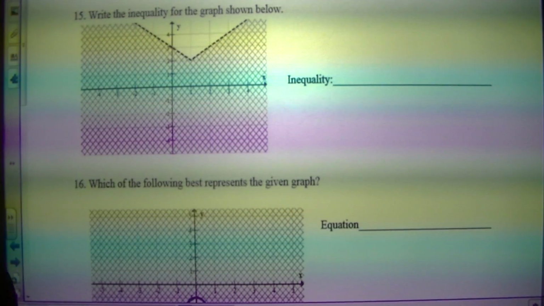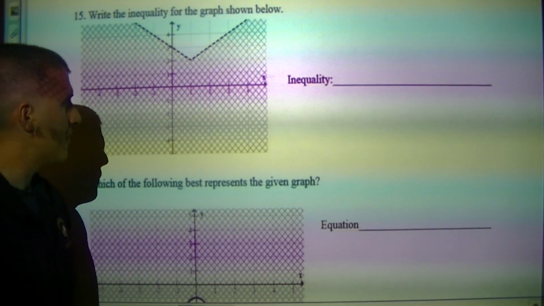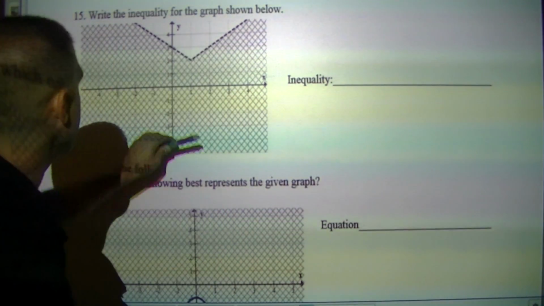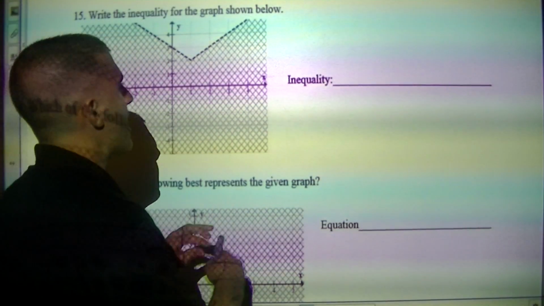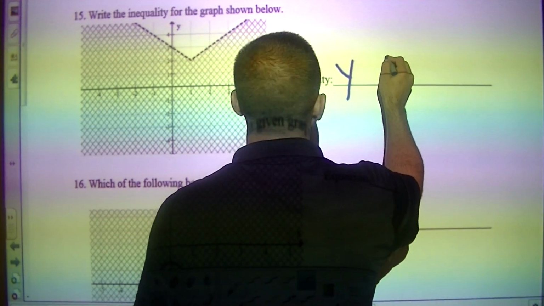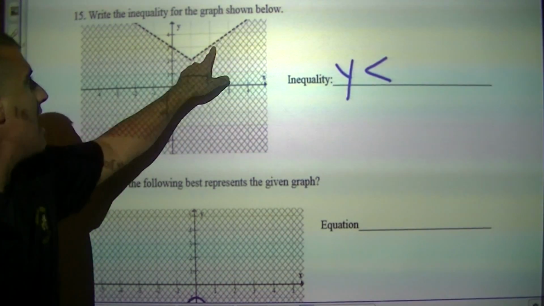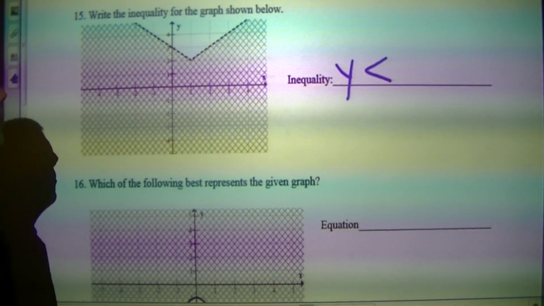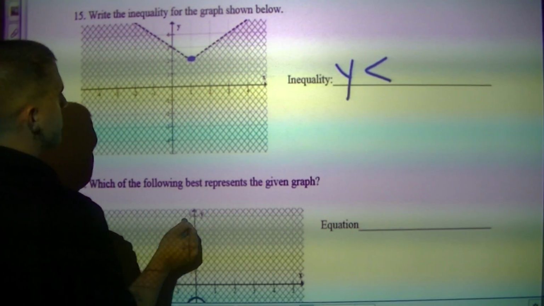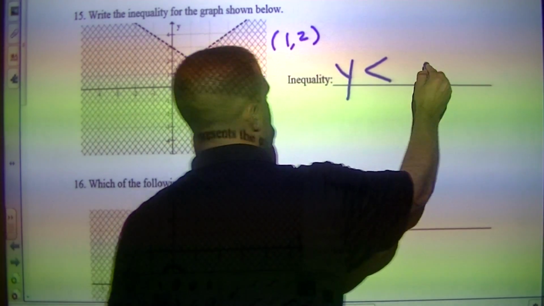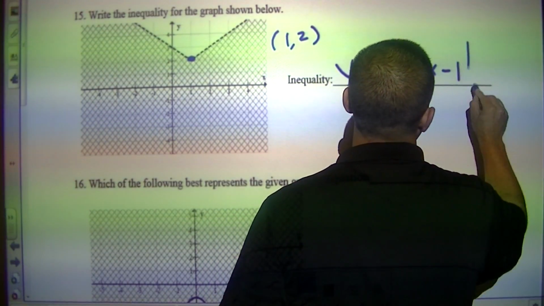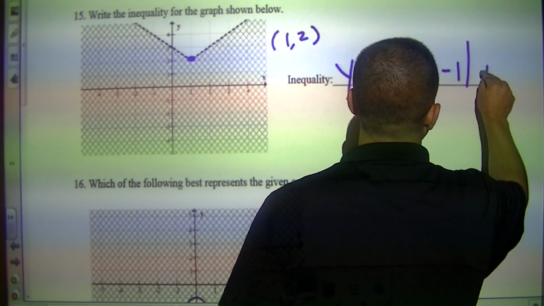All right, moving on. For this inequality, since it's below my graph, that's going to be y is less than, because it's a dashed line, because everything is below. My anchor point is 1, 2, so I'm going to have x minus 1, plus 2.